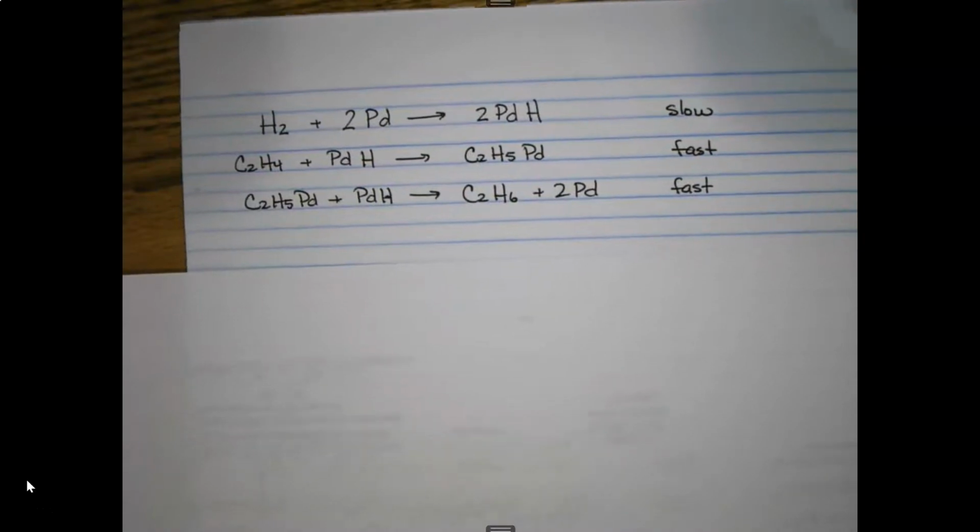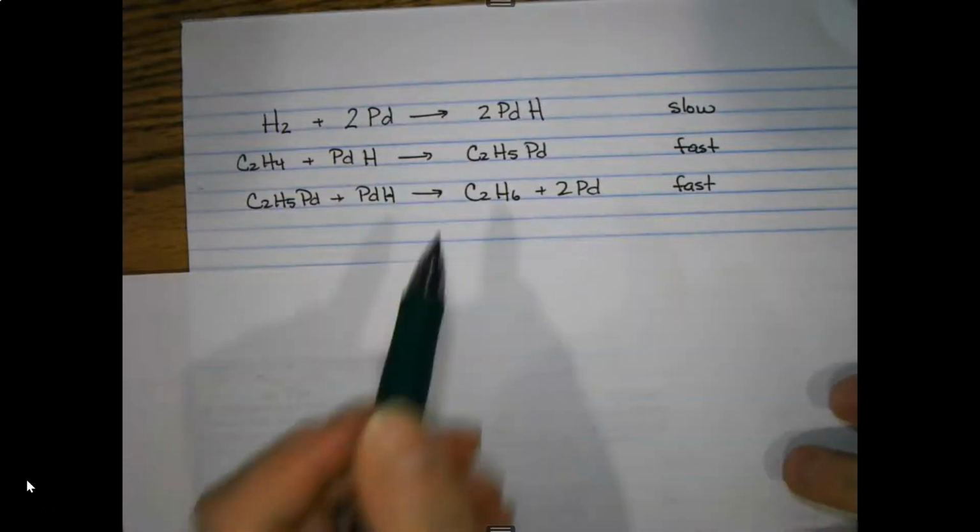Okay, so let's take a look and see if we can figure out what the intermediates are. Intermediates are substances that get formed but then get used up further down in the reaction. So if you look at the equation, in the first step we create PdH2.